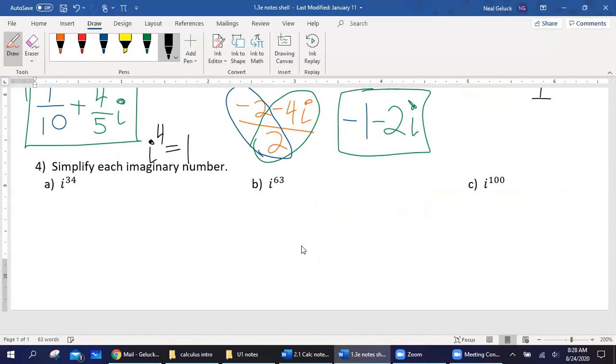I know that i to the 34th has a lot of i to the 4ths in it. Let's think about how many it would have. Well, 34, if I divide by 4, that's going to give me 8 with a remainder. So I'm going to have i to the 4th 8 times. Imagine me writing this 8 times. I'm not going to actually do it.